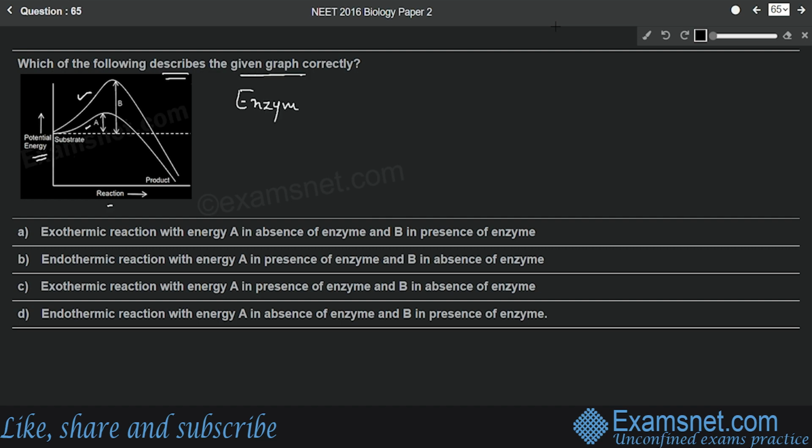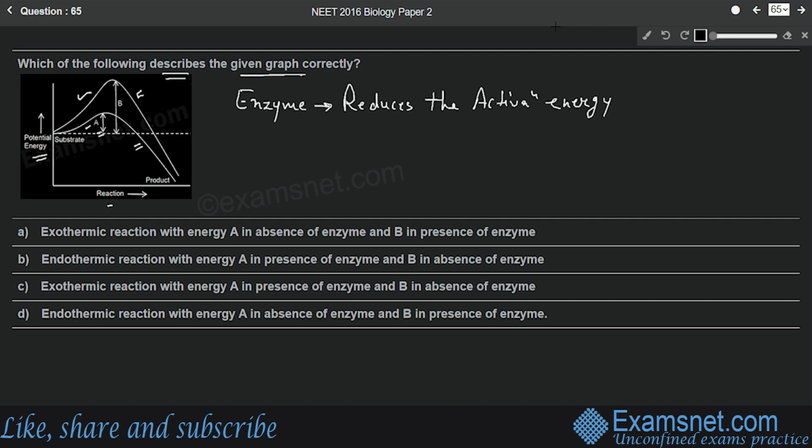What does an enzyme do? It reduces the activation energy of a reaction. So here A represents the activation energy of the lower graph and B represents the activation energy of the upper graph.